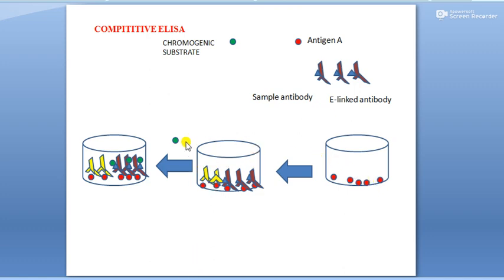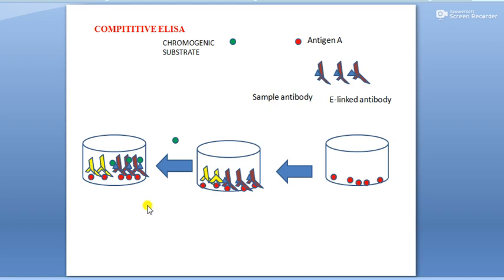And then we add the chromogenic substrate, which binds with the specific types of enzyme linked antibody. As you can see in these pictures, the specific substrate is attached to the specific types of enzyme linked antibody, and the others are the same as usual.